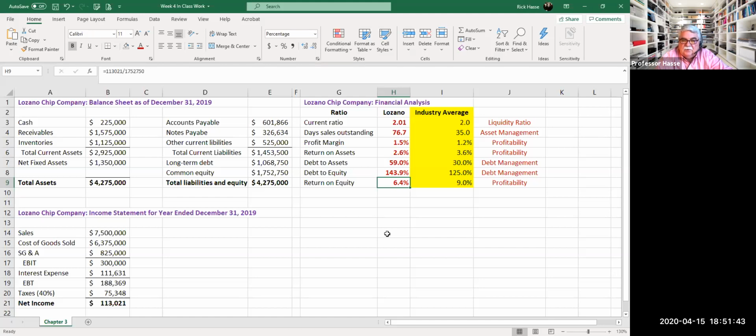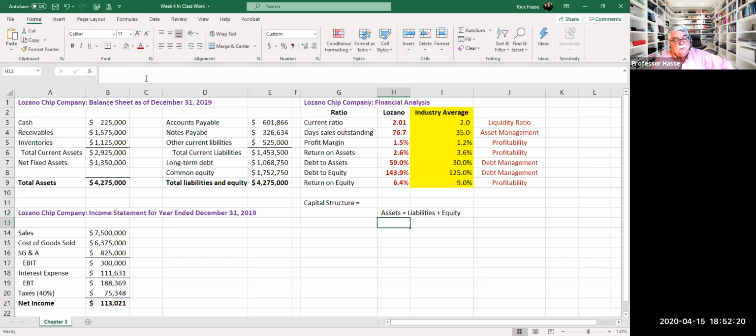The last indicator is an interesting one. It's the relationship of debt to equity. Remember the capital structure of a company. I'm going to type this in here. The capital structure of a company is equal to the assets plus the liabilities plus the equity.